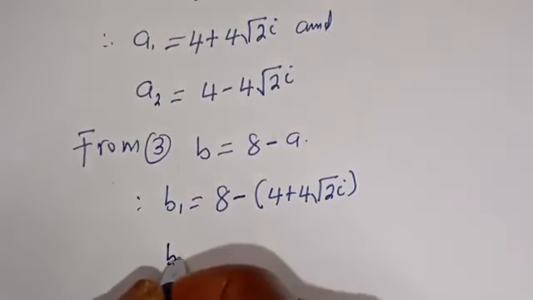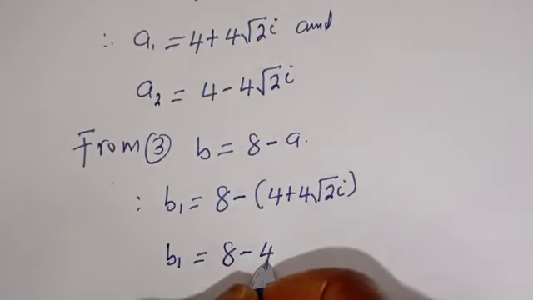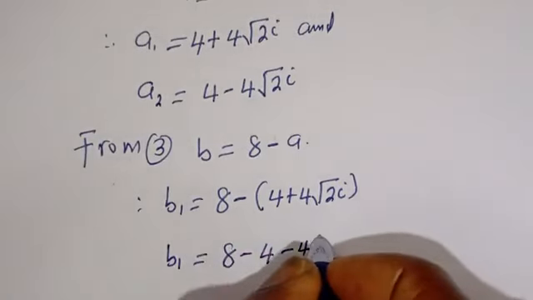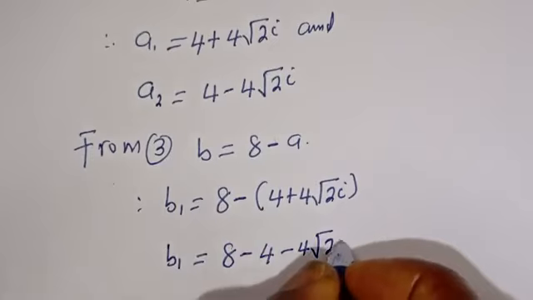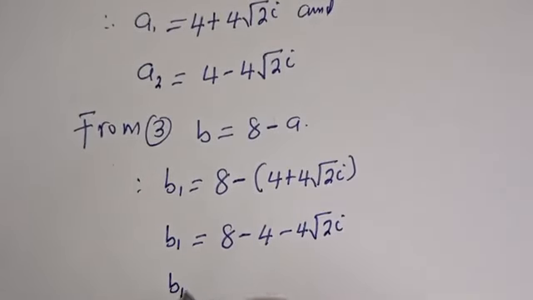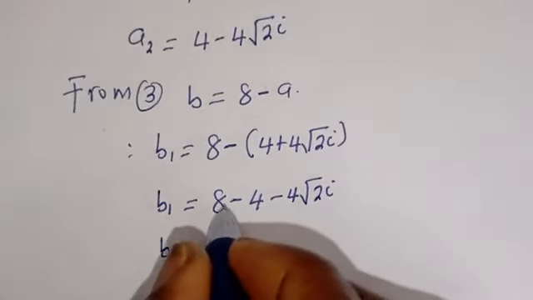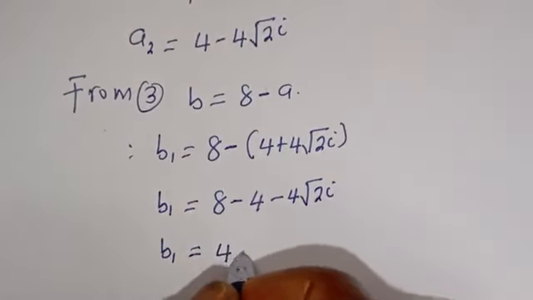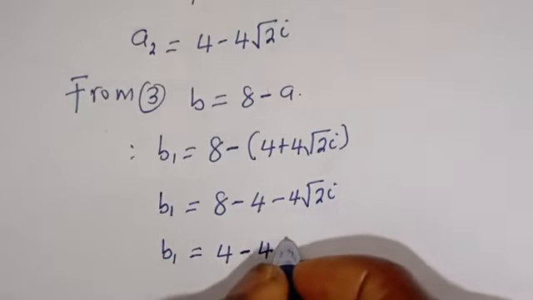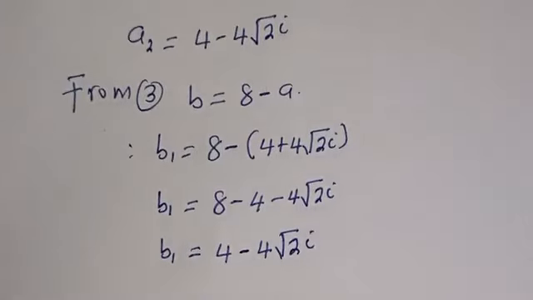Then B1 is equal to 8 minus 4 minus 4 square root of 2I. B1 is equal to 8 minus 4, that is 4 minus 4 square root of 2I.